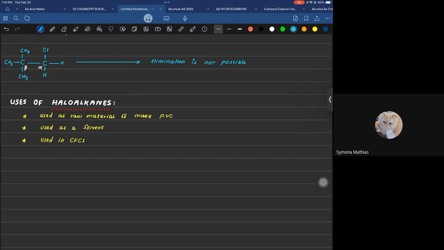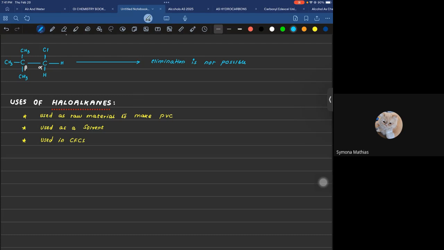So why do we consider that this is not a good gas? What are the disadvantages of CFCs? इसका एक बड़ा मसला है CFC का, वो क्या है कि CFC जो है it remains in the upper atmosphere for a long time.